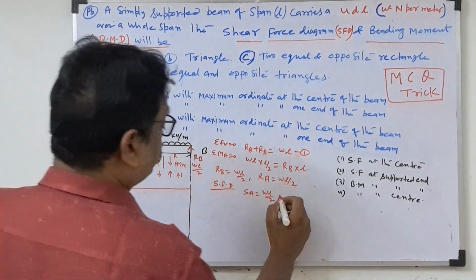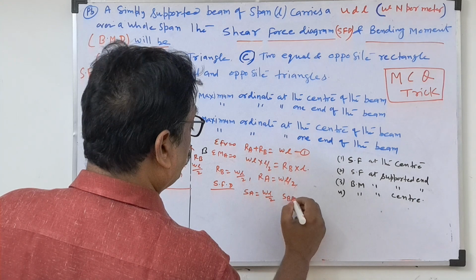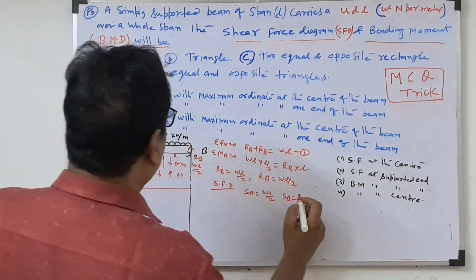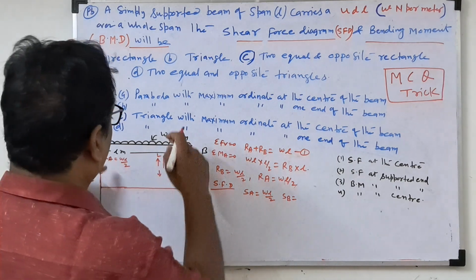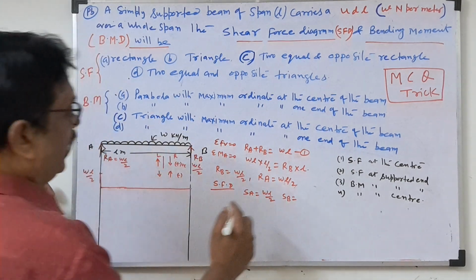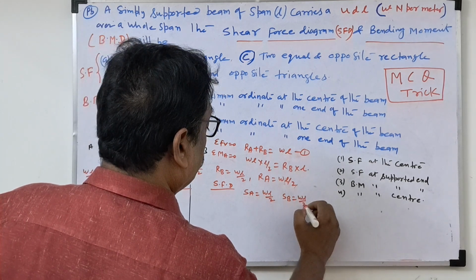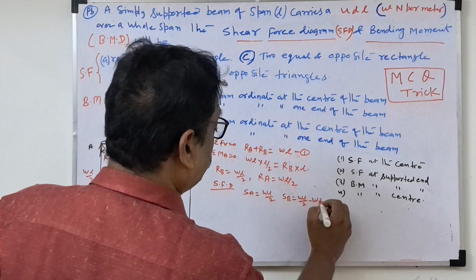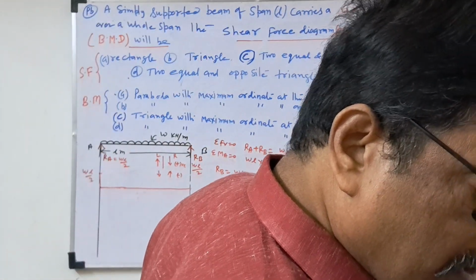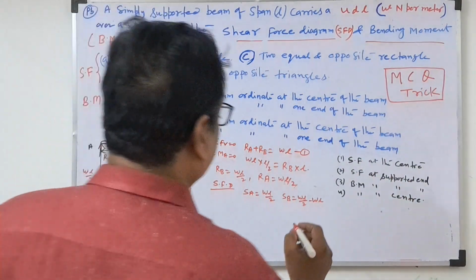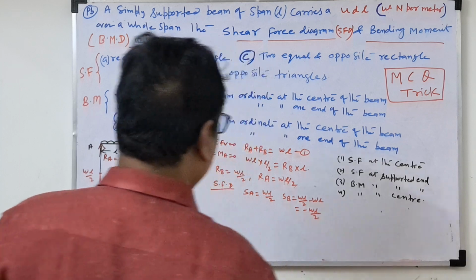Then SB, the shear force at B: WL by 2 minus WL. So SB we can calculate as minus WL by 2. Now we'll draw the diagram.